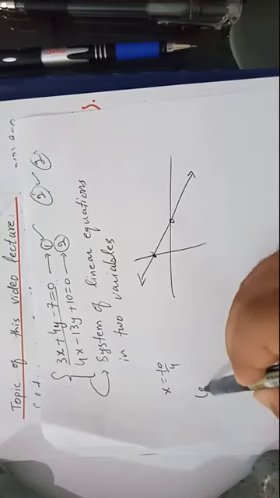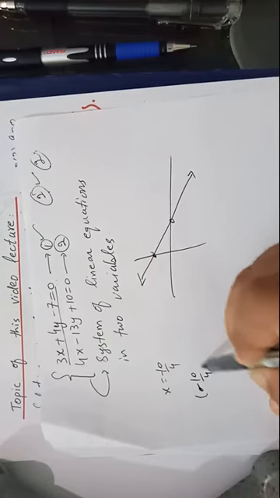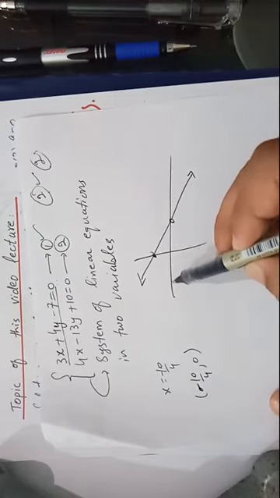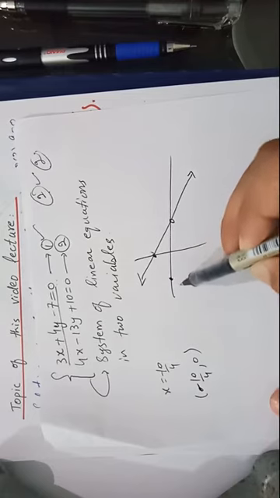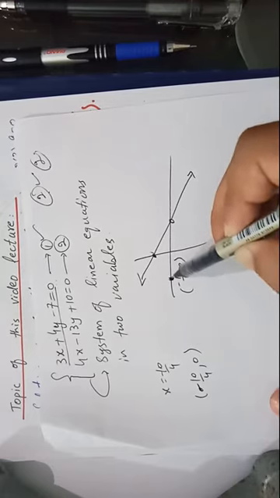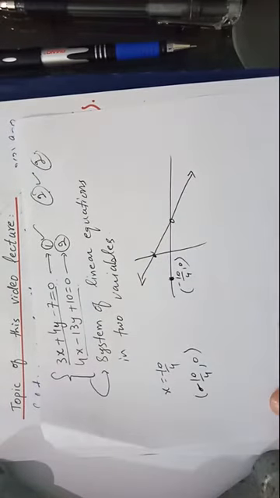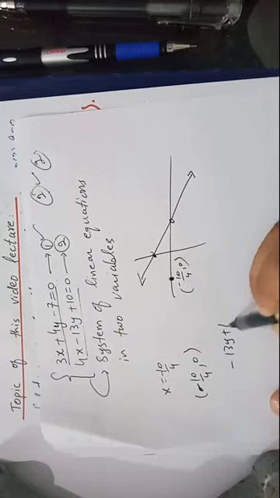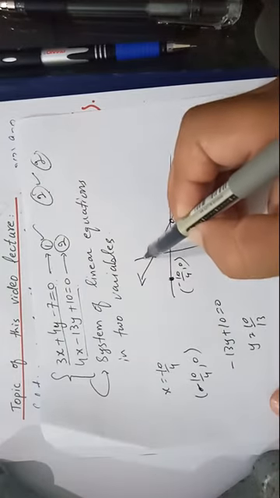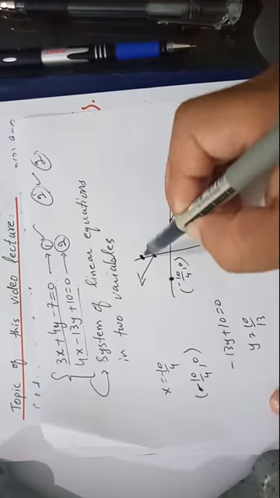So minus 10 by 4, 0 is one point. This is the x-intercept for this equation. Put x equal to 0, so you get minus 13y plus 10 equal to 0, so y is equal to 10 by 13. So this is 10 by 13.